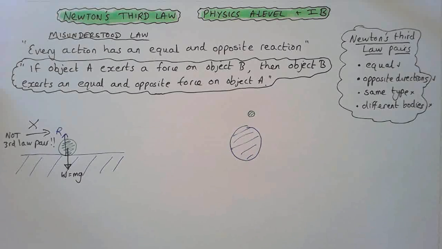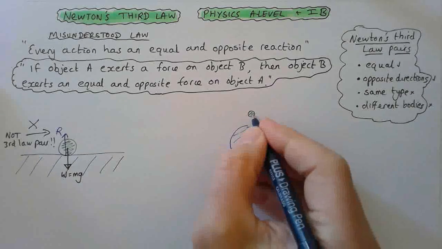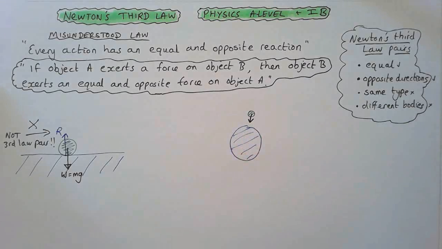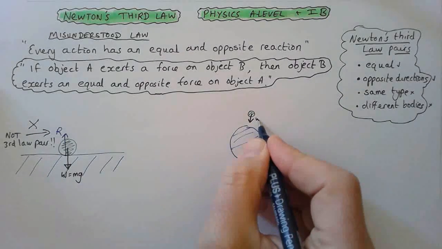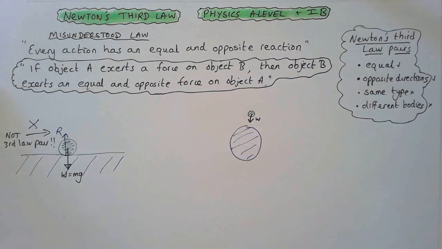So we know that that's got nothing to do with it, but I can still draw on the weight of the ball. The weight of the ball is still an arrow starting at the centre of the mass of the ball and pointing towards the Earth. So I'm going to call that W as before. But what's the Newton's third law pair? Well, it turns out that the gravitational force acts between two bodies, between two masses.